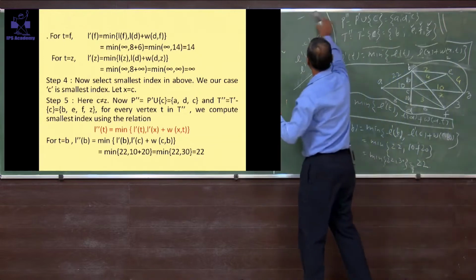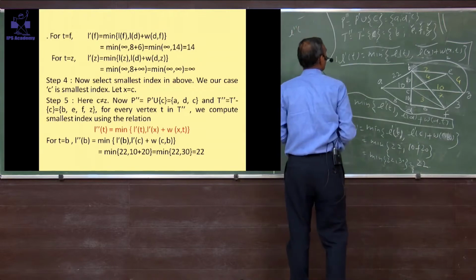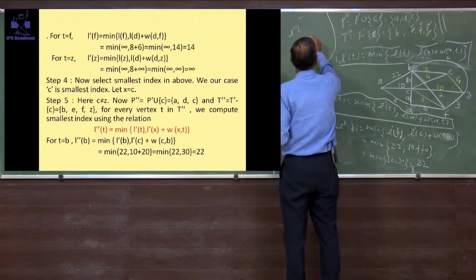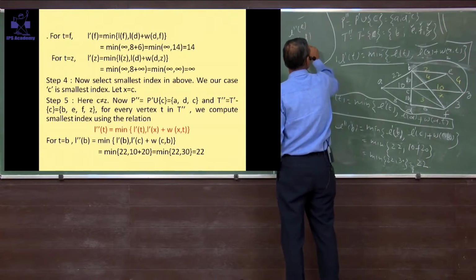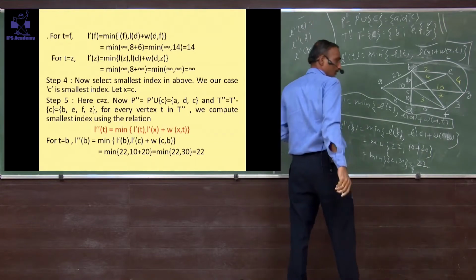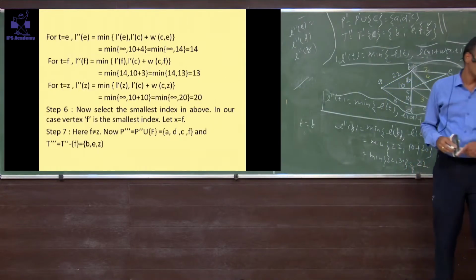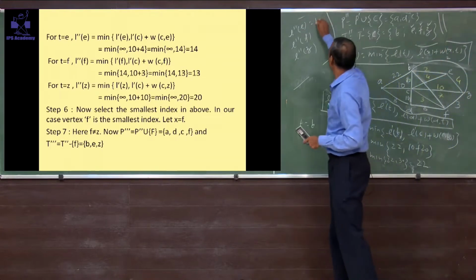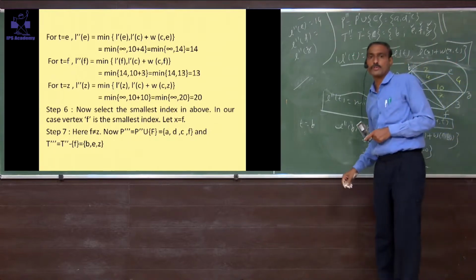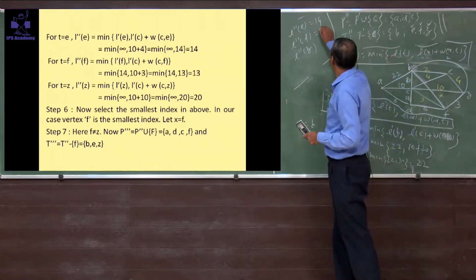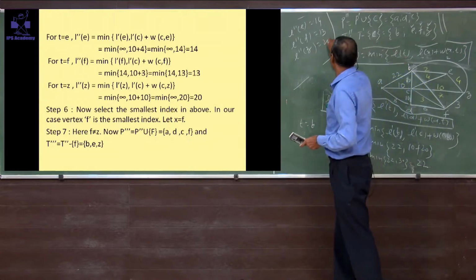So what will the values be? Here L''(E), L''(F) and L''(Z). Using the same relation, we have L''(E) equals 14, L''(F) equals 13 and L''(Z) equals 20.